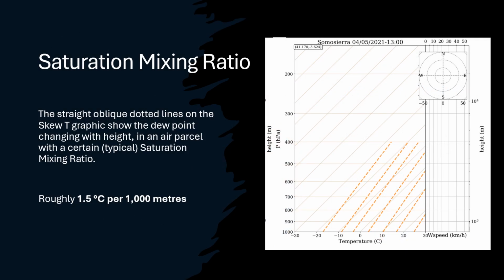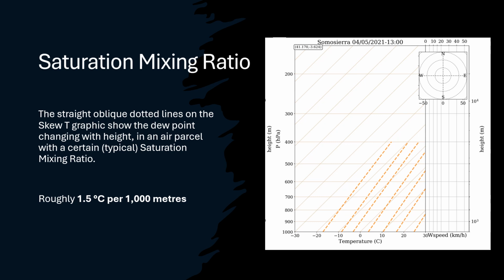The net result of these rather conflicting arguments regarding how humidity, temperature, and dew point are linked is the linear trajectory of anticipated dew point reduction with height, illustrated by the lines we refer to as the saturation mixing ratio lines on our Skew T. The angle of these guidelines is the angle we use as our assumption of the change in dew point temperature as the parcel of air rises.